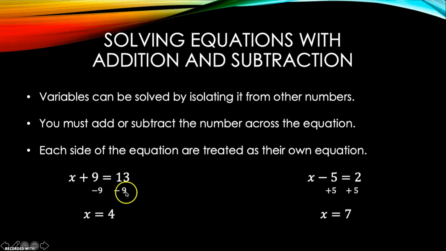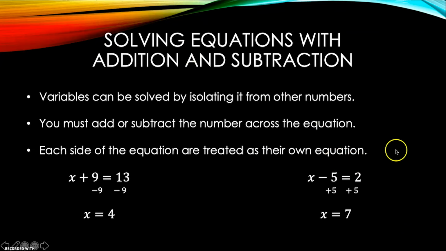Now this is abstract, so how about I use a real world scenario for this next one. X minus 5 equals 2. Let's say your parents give you 5 hours, this 5 right here, to do whatever you want.